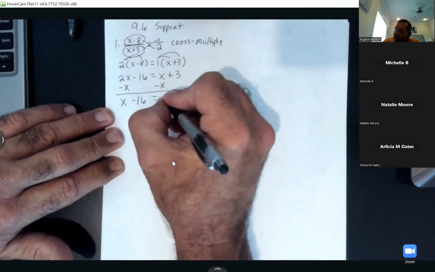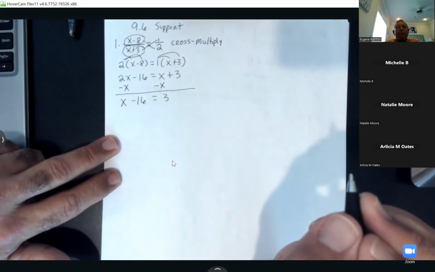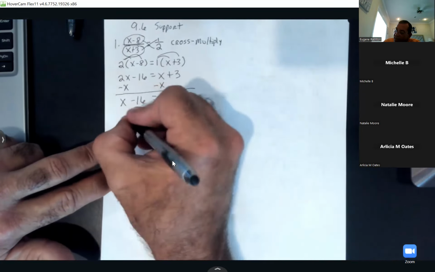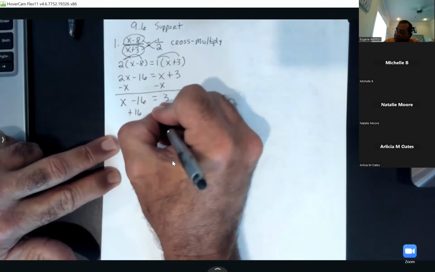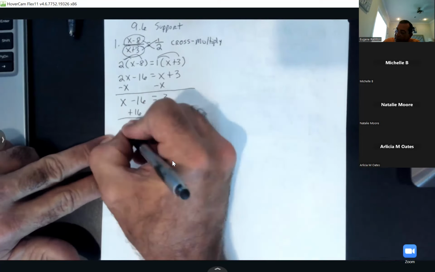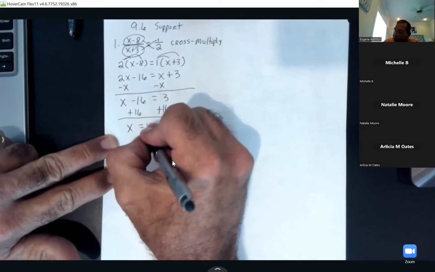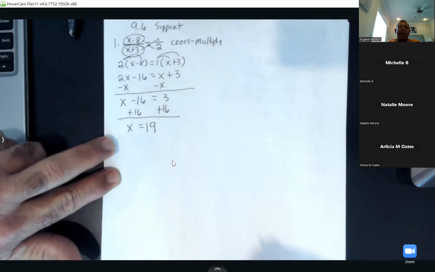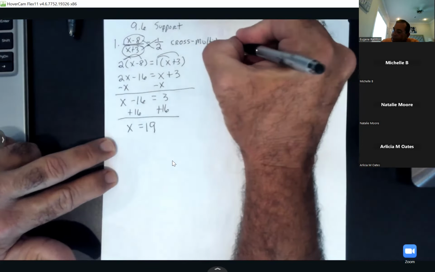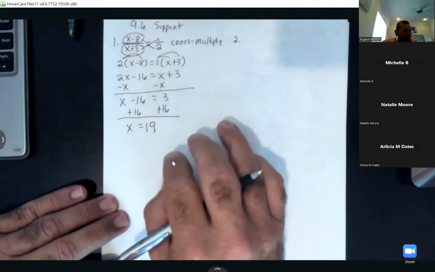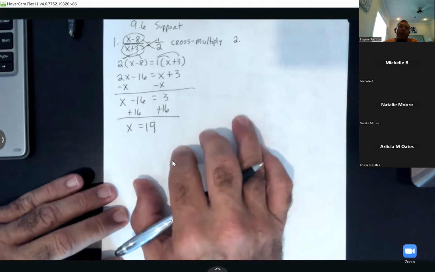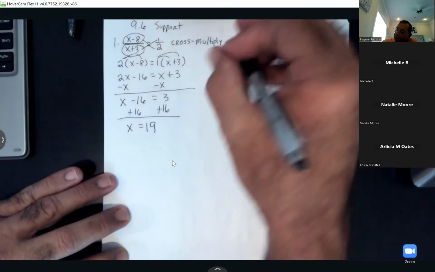Those x's cancel, and I got my 3. And y'all, last step, add 16 to both sides. You're going to get x equals, let's see, 16 and 3 give us 19. So these ain't going to be really bad. They just want you to learn how to do this cross multiplying.